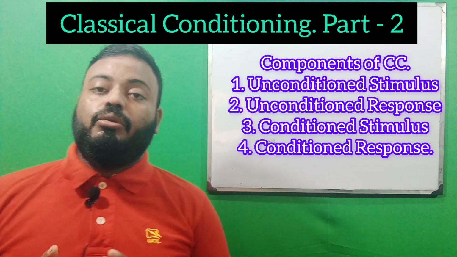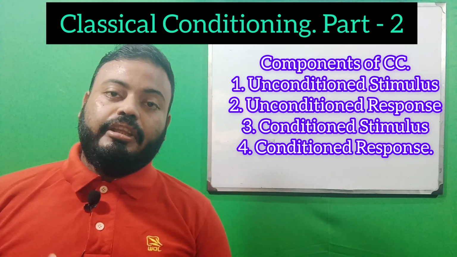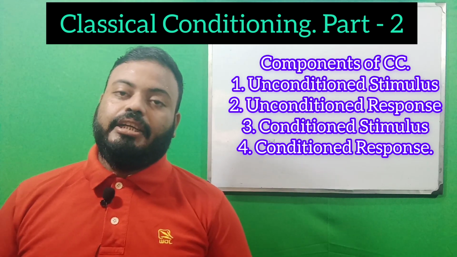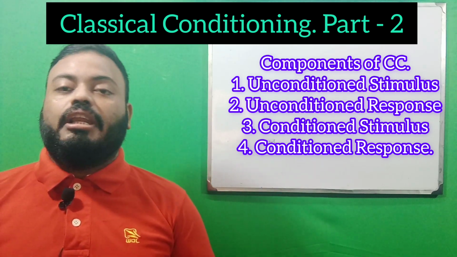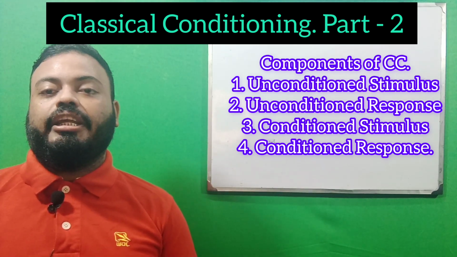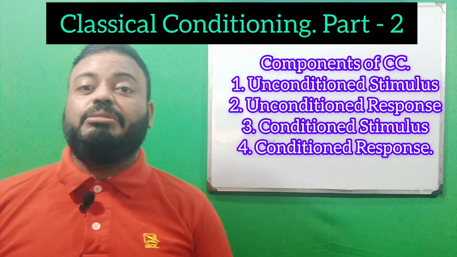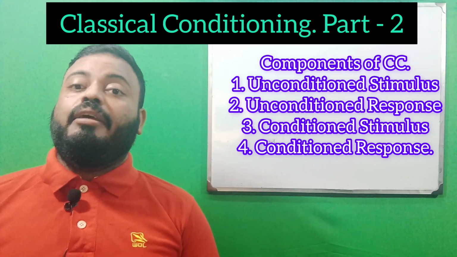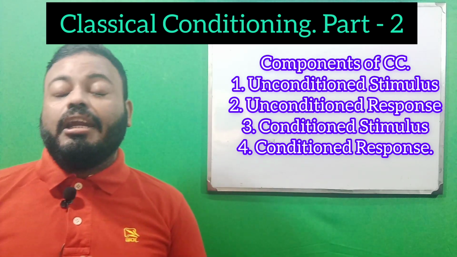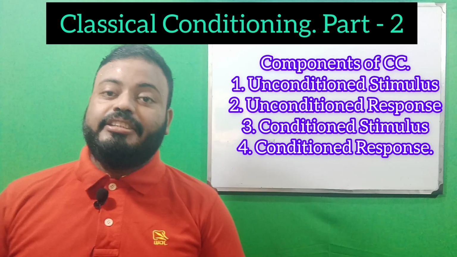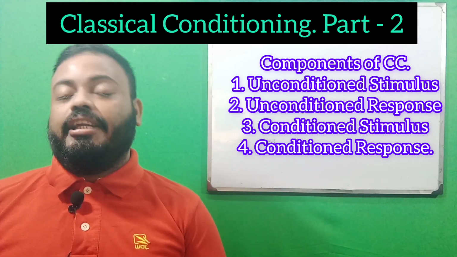Now we know about the number three component of classical conditioning. The conditioned stimulus is a previously neutral stimulus that, when paired with the unconditioned stimulus, triggers a conditioned response.